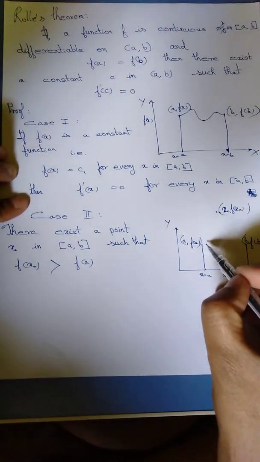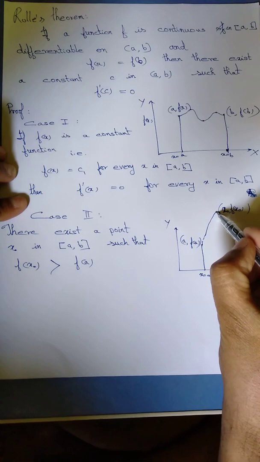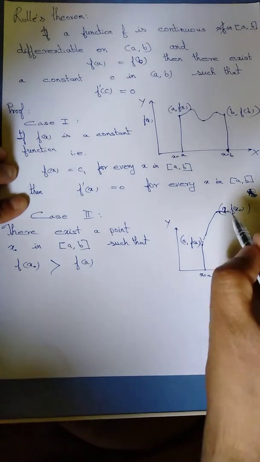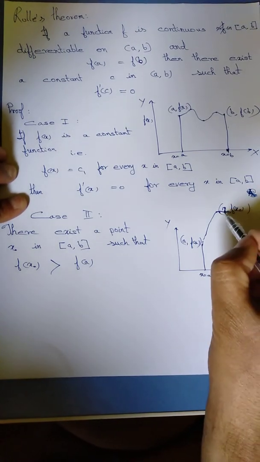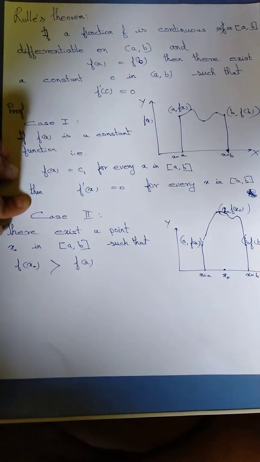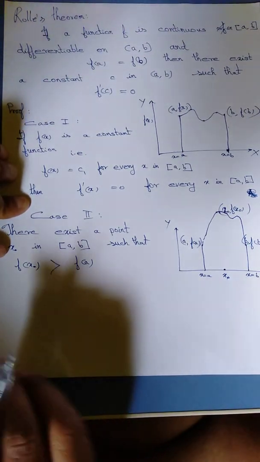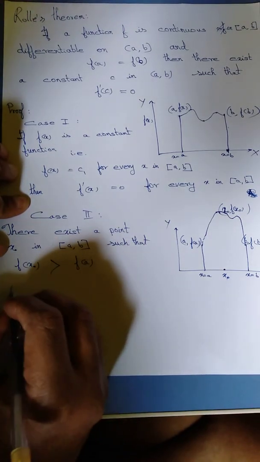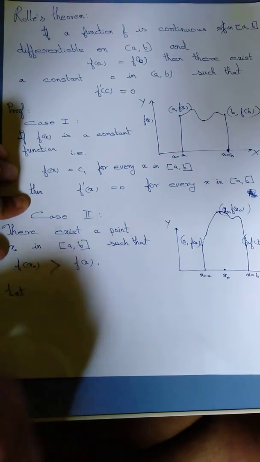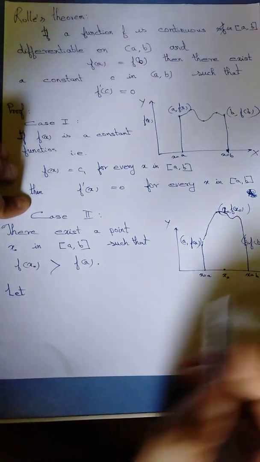Now let's draw any curve. Maybe somewhere it may have any kind of fluctuation, but at least I know that f(x0) is greater than f(a). In such a case, you know that something is bigger than f(a).